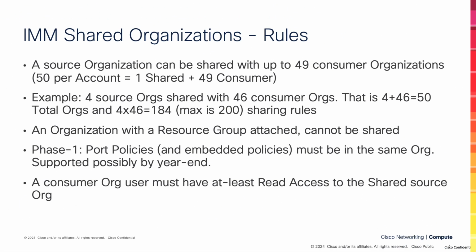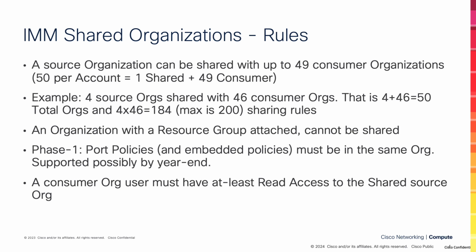Okay, so let's look at some examples. If you have a source organization, you can share that single source organization with up to 49 consumer or target organizations. And that would give us our 1 plus 49, our 50 organizations per Intersight account.